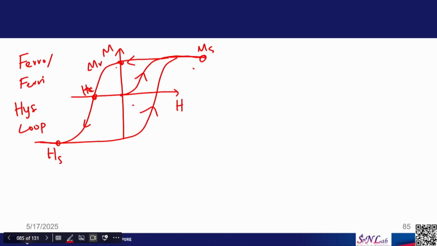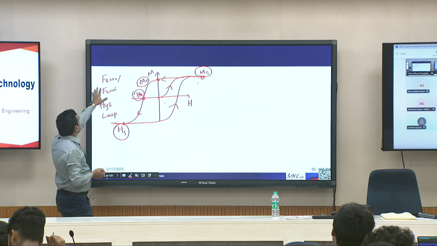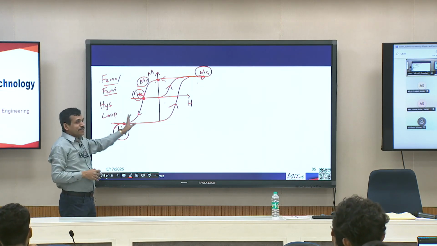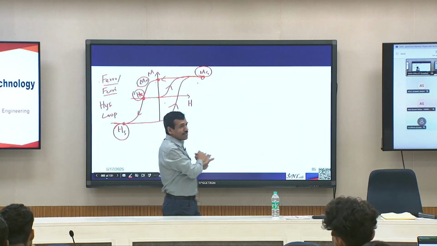These are important parameters related to a ferromagnetic material. Ferrimagnetic materials also will have a similar hysteresis loop. There was a question about how we distinguish between ferro and ferrimagnetic materials based on the hysteresis loop. I haven't answered, maybe I will answer another time.